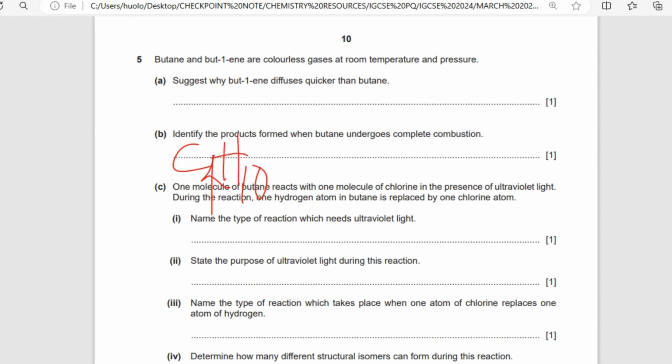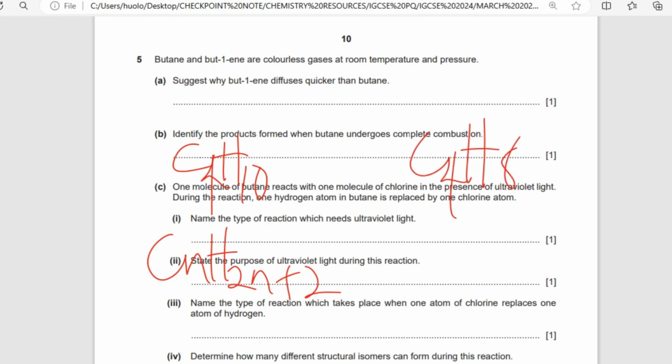The formula of an alkane is CnH2n+2. Whereas the other is C4H8, and the general formula for those is CnH2n.